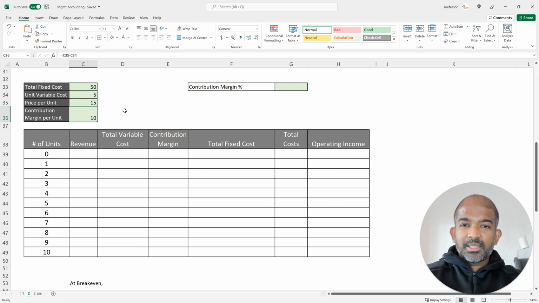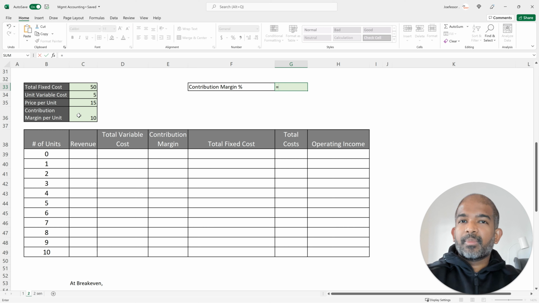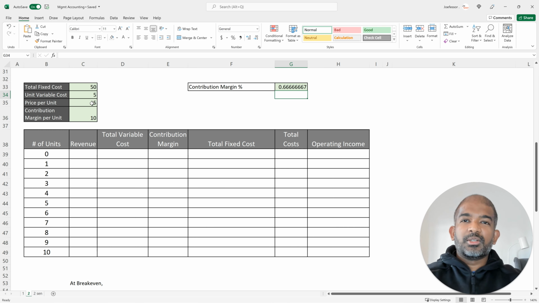Contribution margin percentage is the ratio of contribution margin to revenue. Or you could find the contribution margin percentage using the numbers on a per unit basis like we have here, which is the contribution margin per unit over the price per unit. Okay, so the contribution margin percentage here is 66%.